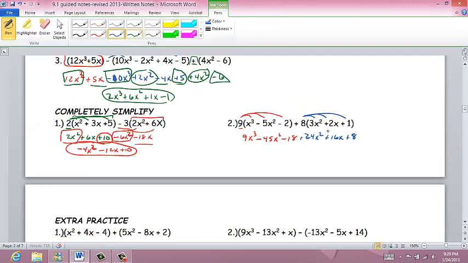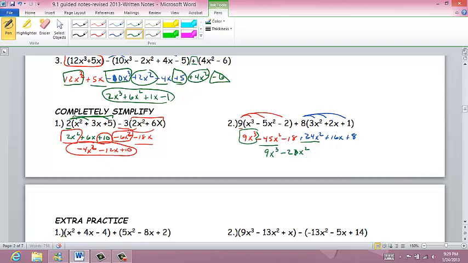Again, once I have all my distributing done, that means I get rid of my parentheses, and I can go right to combining like terms. Do I have any other x to the thirds? Nope. So 9x to the third. Then you have your negative 45x squared and 24x squared, which would give me negative 23x squared.